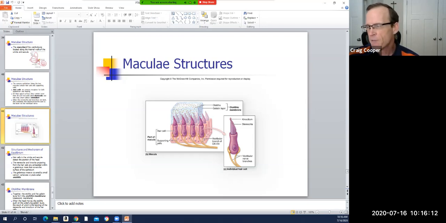And so when that gel starts moving in response to acceleration, deceleration, dropping motions in the vertical or horizontal components, it's going to cause that gel to shift. The extra mass of the otoconia combined with that gel will make these hair cells bend. Imagine seaweed flowing with water moving over it. That's kind of what's going on.